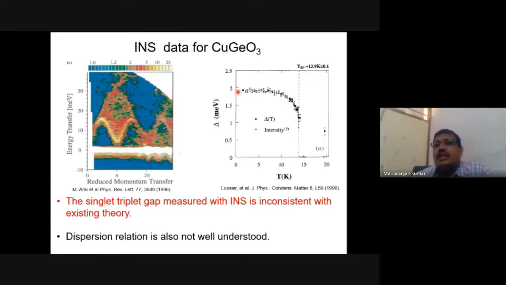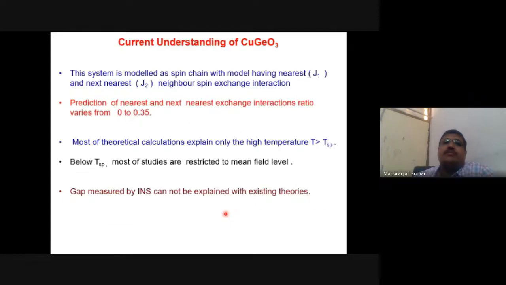The gap varies with temperature and vanishes around 14 Kelvin, the same temperature as the anomaly. This singlet-triplet measurement is not consistent with the existing theory, and the dispersion relation is also not well understood.